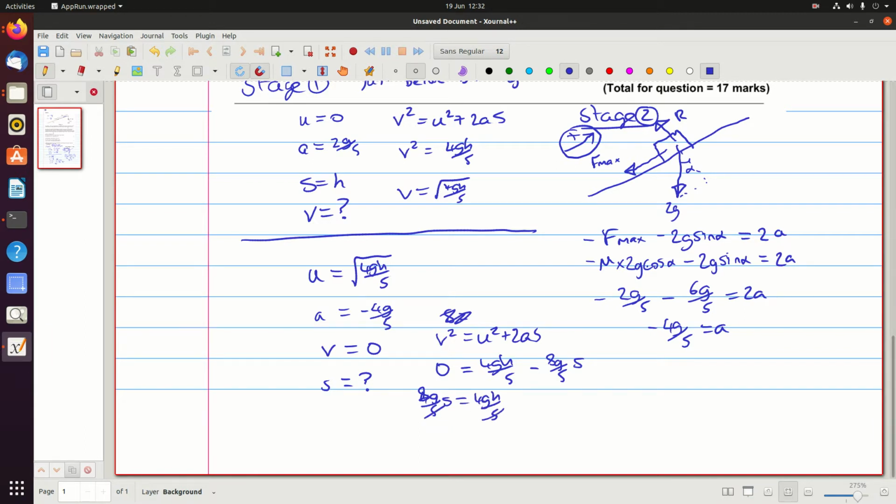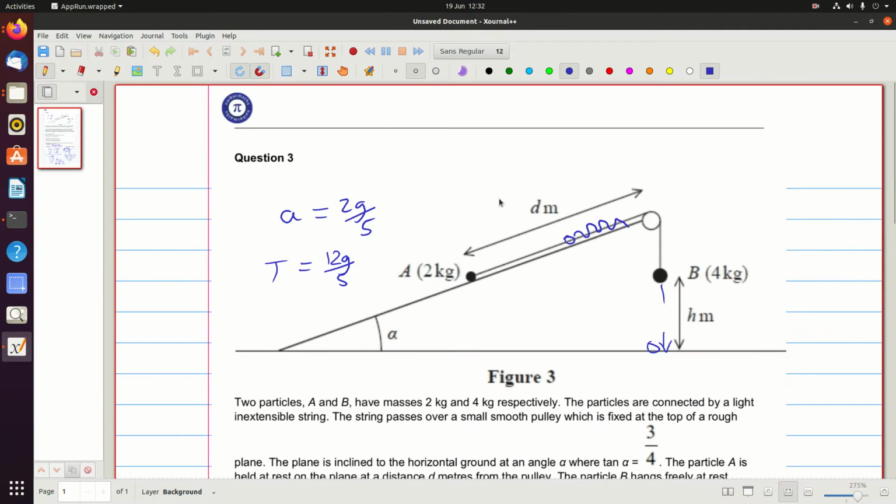Cancel the 5s, cancel the g's, and you're going to have s equals h over 2. Now, what have we found out? Well, stage 1, it moves a distance h. That's bound to happen because that's going down h, so that goes up h. Stage 2, we've found as it's skidding up the plane, it's going to move a distance h over 2.